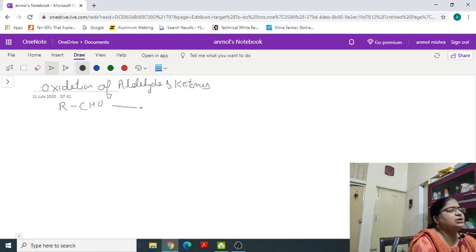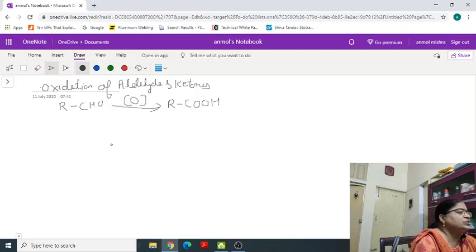Aldehyde on oxidation gives you carboxylic acid. Now ketones are oxidized under vigorous conditions and strong oxidizing agent at higher temperature. Now the oxidation of ketone involves a rule that is called Popov's rule.